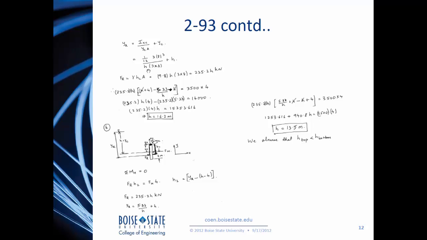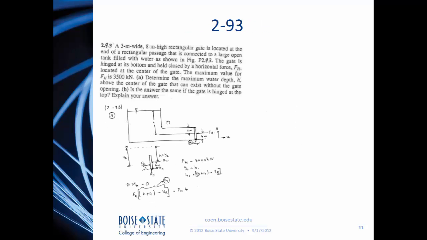A cubed divided by H times 3 times height, that is the area of a rectangle, plus H. And then I have Fr, the resultant hydrostatic force, as gamma times height of the centroid times A. So here for our problem, what we ended up with is an equation where H is the only unknown. So we have one equation, one unknown, and the height is 16.2 meters. This is when the gate is hinged at the bottom.